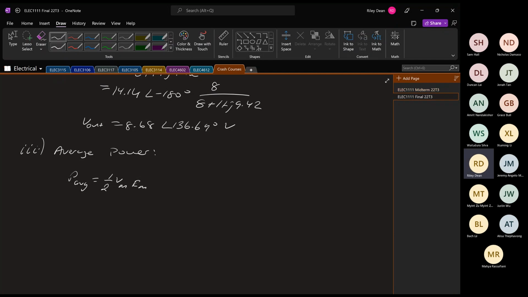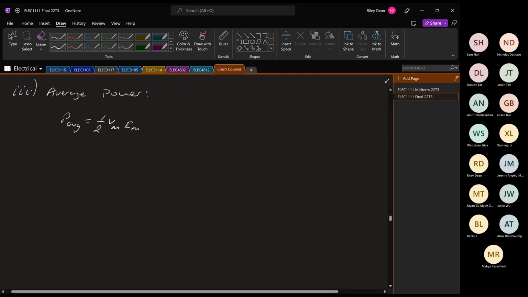Okay, so what we'll do next is look at the average power consumed by the internal resistance, the 1 ohm resistor. For that, we use this equation that P equals half VM IM.